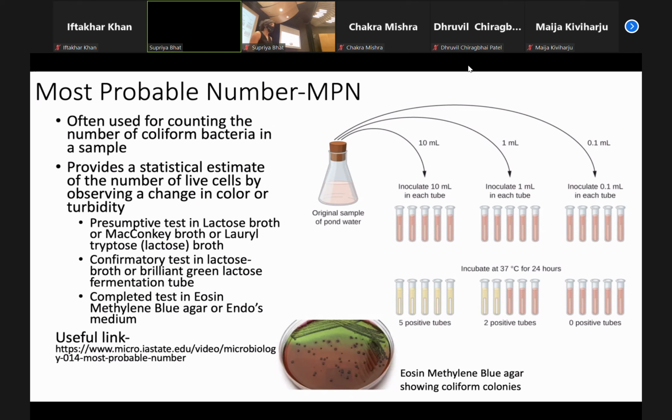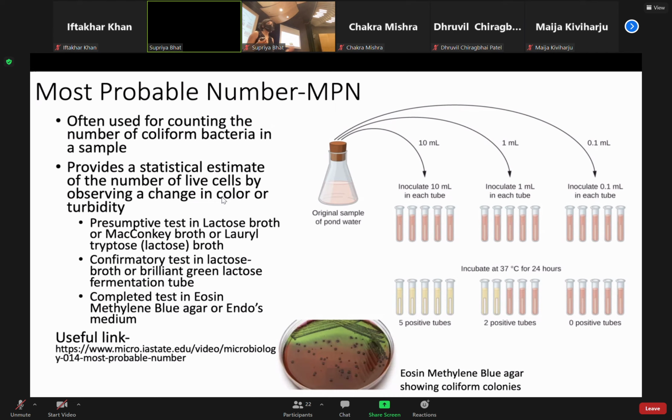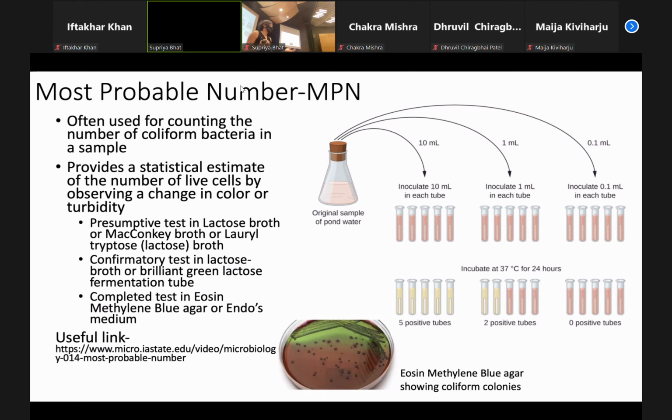So say you have a water resource, potentially a drinking water source, and you want to test if the water has fecal contamination. Then you take a sample of that water and run this test. By the end, you'll be able to tell whether the water is contaminated with coliforms, and if yes, what the concentration is. Normally there's a limit. If you have this many cells per liter of water, then it's still considered safe.